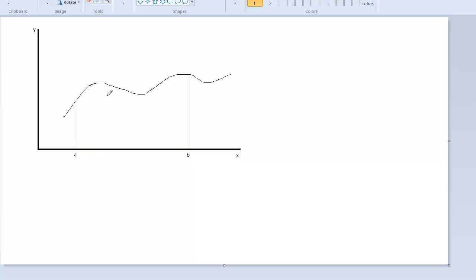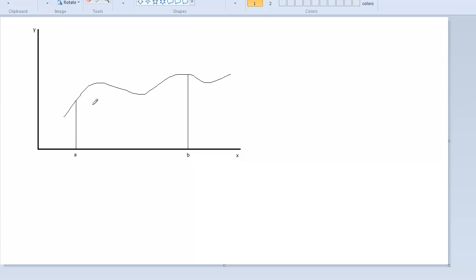Well, what does it mean? It actually means to calculate the surface between the curve and the x-axis, within this region a and b. So it's this surface. Well, to do that numerically, you actually need to approximate the surface below the curve.